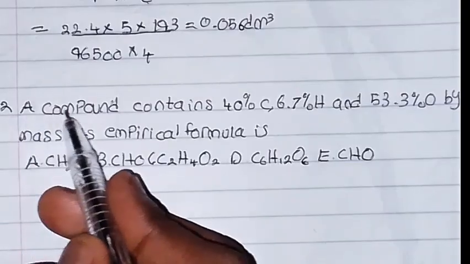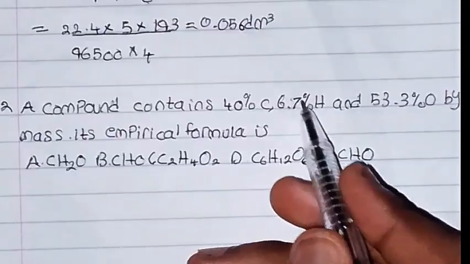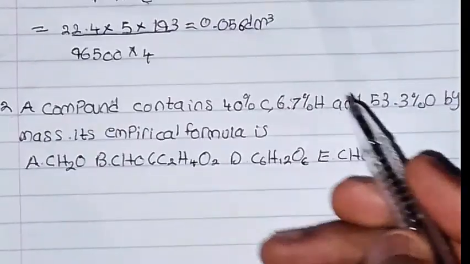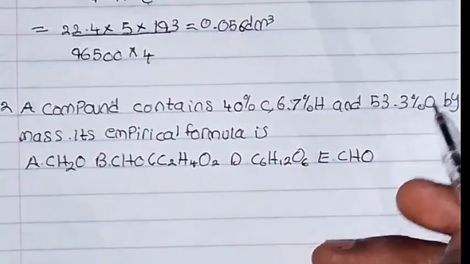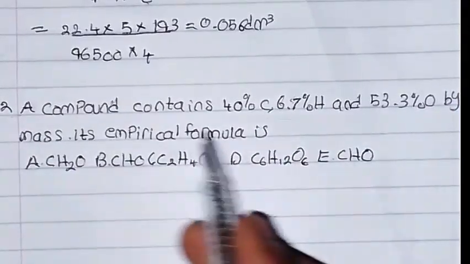Question 2. A compound contains 40% C, carbon, 6.7% H, hydrogen, and 53.3% O, oxygen, by mass.